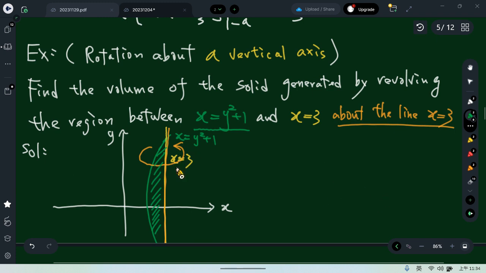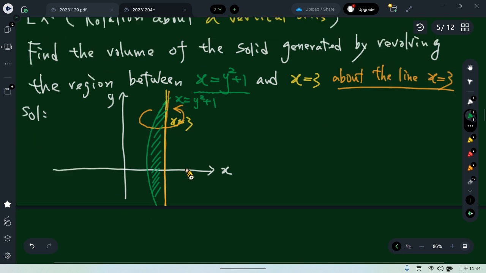But in this case, we can feel happy because the boundary is the same as the rotating axis. So this is the first step we just finished.